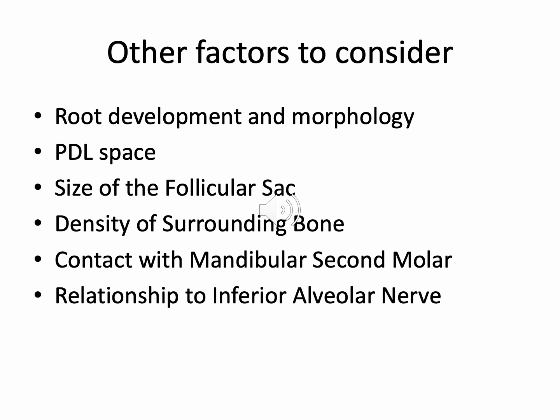Contact with the second molar, certainly if there's an intimate relationship between the two, one superimposed on the other, is going to be much more difficult compared to a nice spacing, allowing you space to get your instruments in between the teeth, space to use the drill in between the teeth if needed. And certainly the relationship to the inferior alveolar nerve.